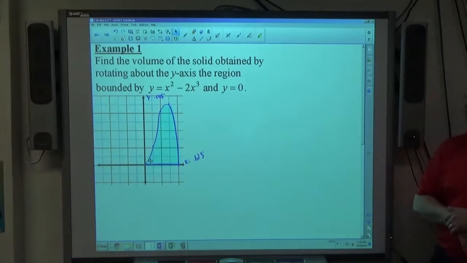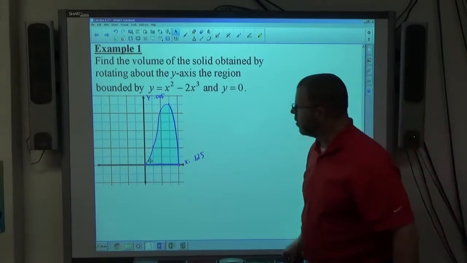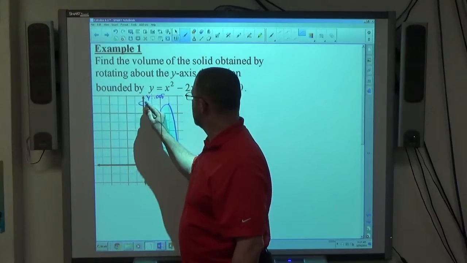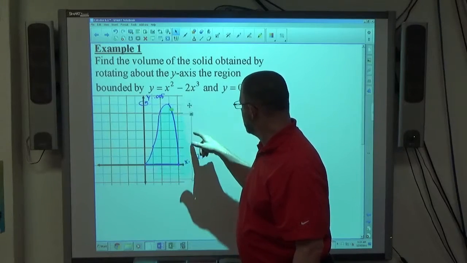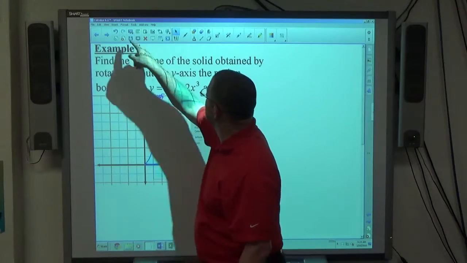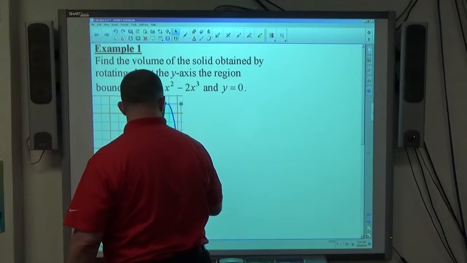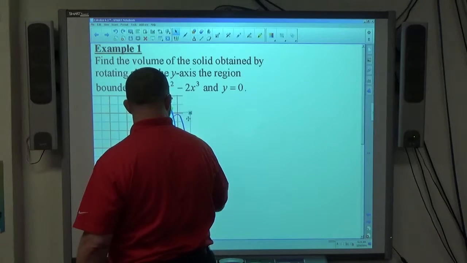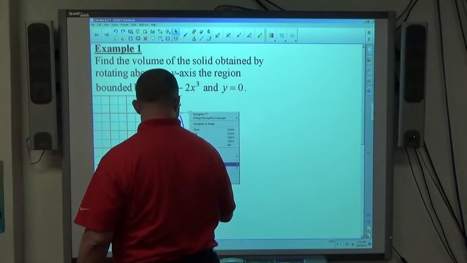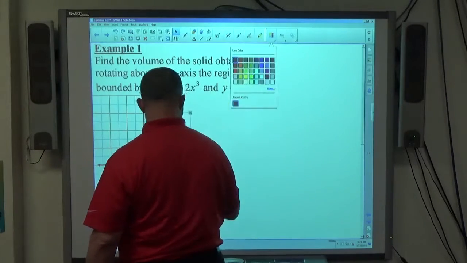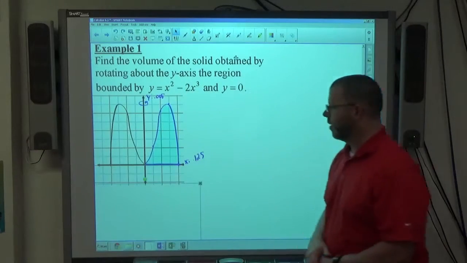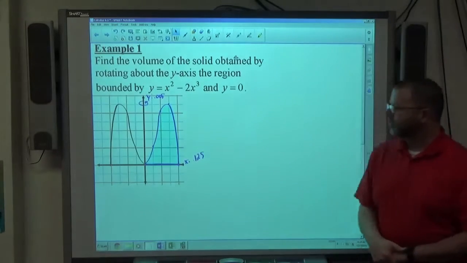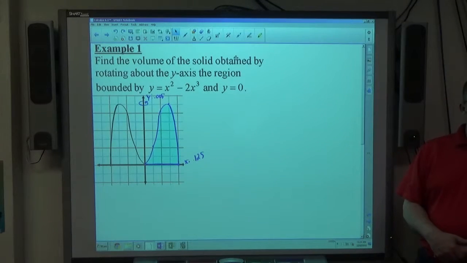We're rotating this around the y-axis. That creates the rotation there. So we get the same picture, mirror image around the y-axis.